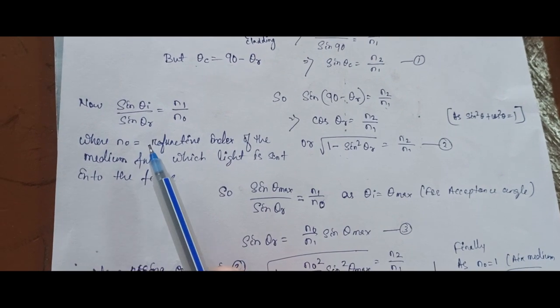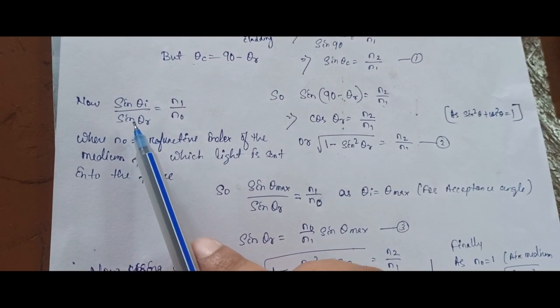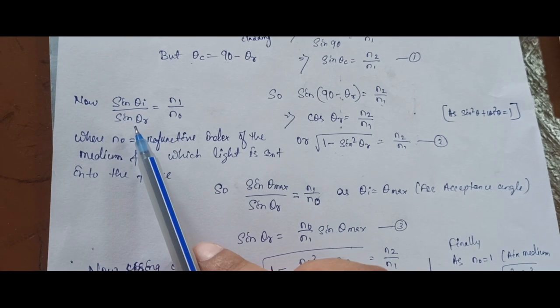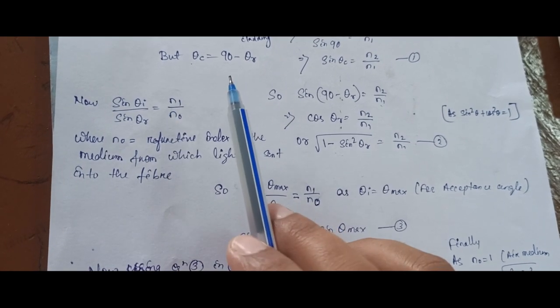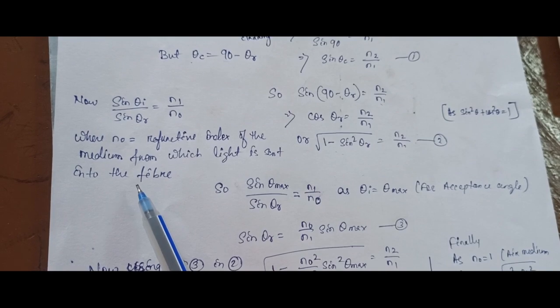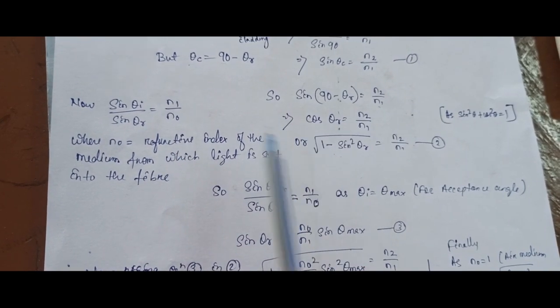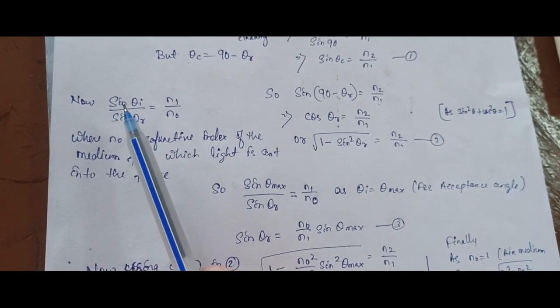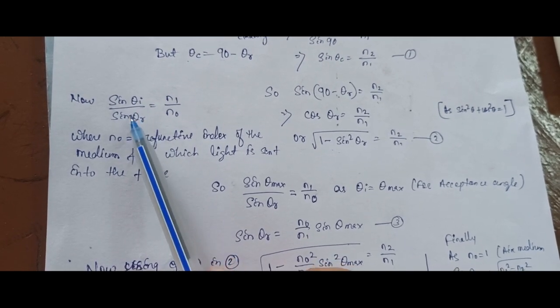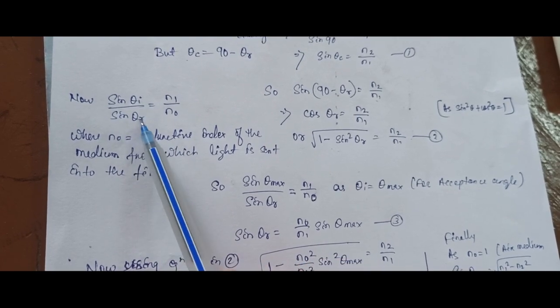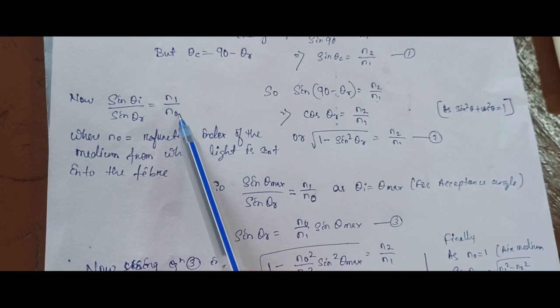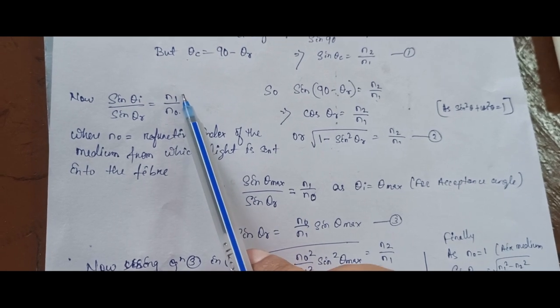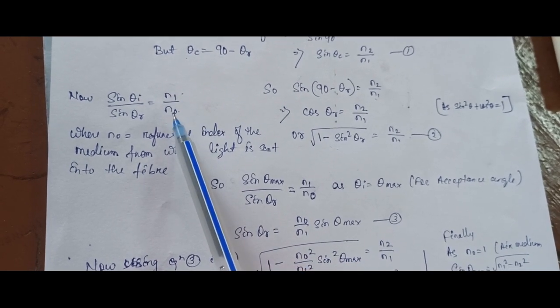Now if we go outside and apply Snell's law for the interface between air and the optical fiber, because generally light is sent from the air medium into the optical fiber, and here n0 is the refractive index of the air medium, then sin theta i by sin theta r is equal to n1 by n0, because here medium 2 is n1 and medium 1 is n0.